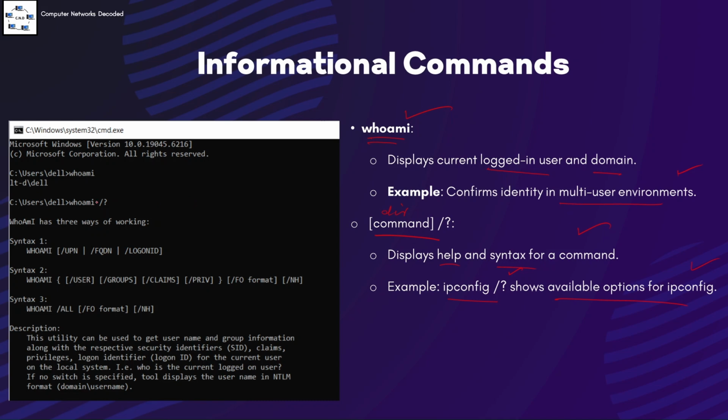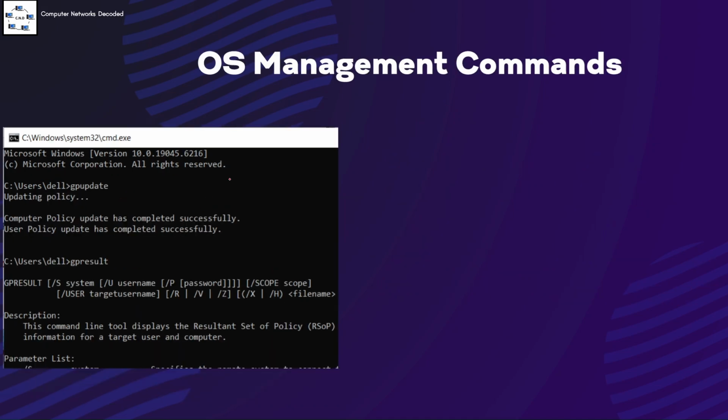It means that if you want to know different options or information about a specific command, you can type the command followed by a space, / and ?, and it will show you detailed information about that specific command.